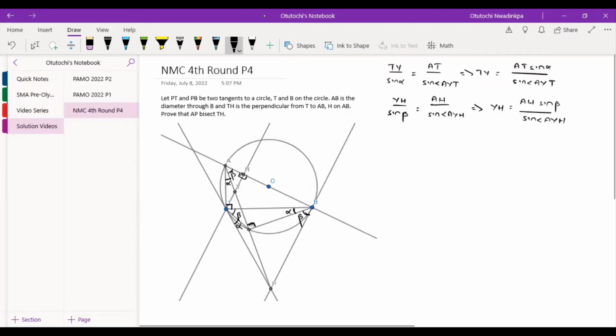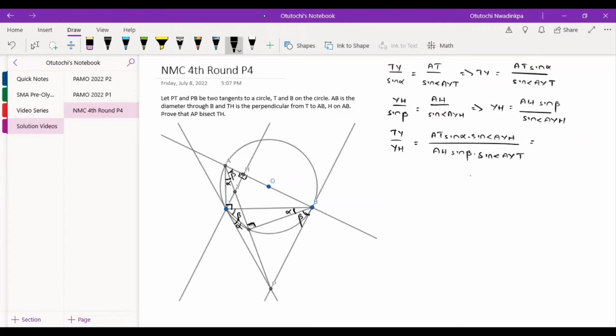So we have TY over YH is equal to AT sine alpha multiplied by the denominator of this, which is sine angle AYH, all over AH sine beta multiplied by the denominator of this, which is sine angle AYT.